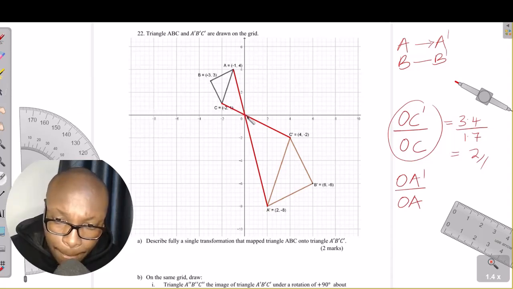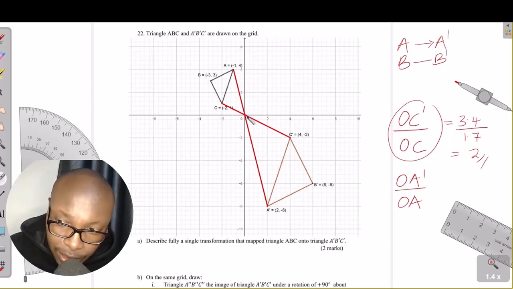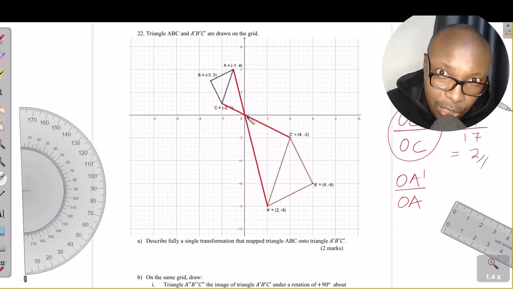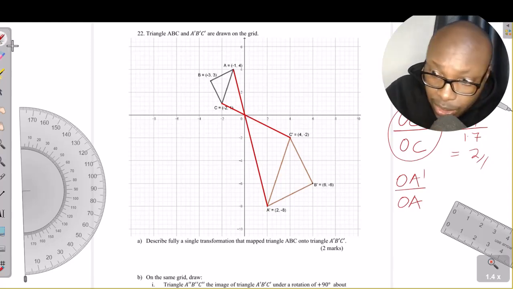If the object and the image are on the same side of the center of enlargement, that is a positive enlargement. But if you find the object and the image on opposite sides of the center of enlargement, then that is definitely a negative scale factor, and therefore this one is negative 2.